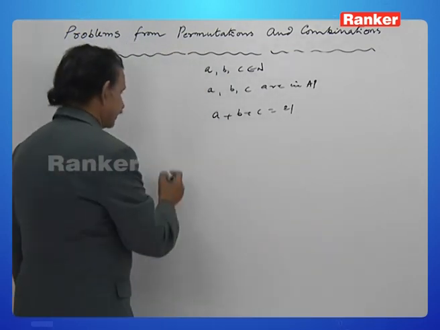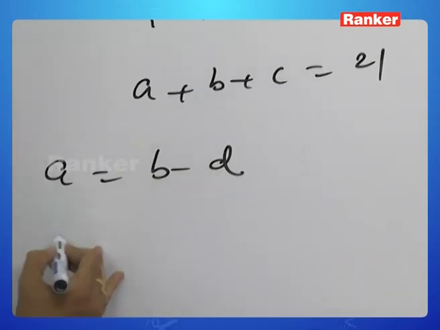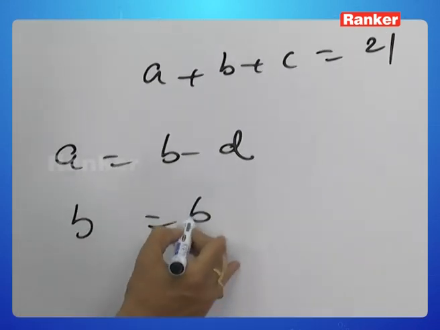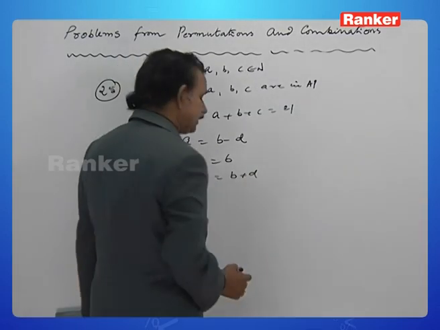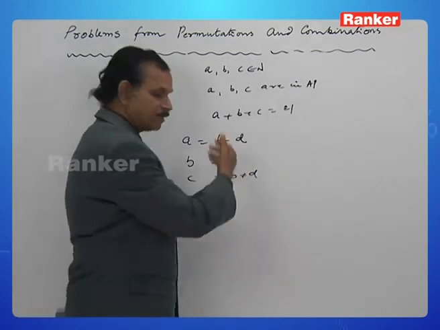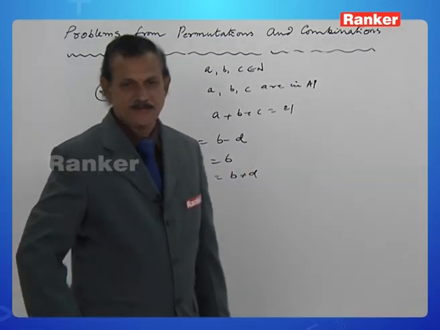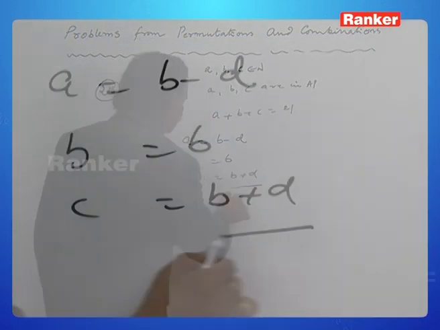Now let me take A equal to B minus D, B as B itself and C as B plus D. Why is it necessary to consider them like that? Because these 3 form an AP according to the data. Therefore, you add these things.